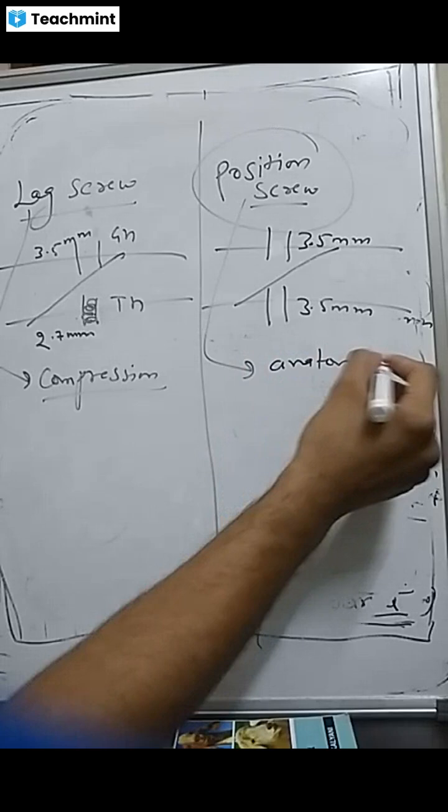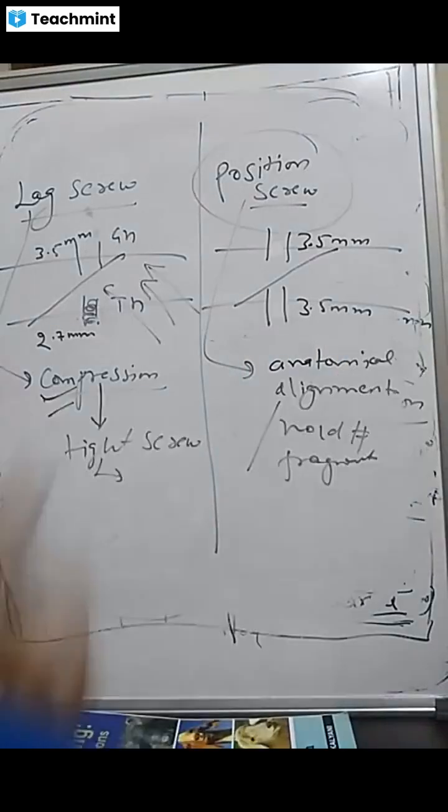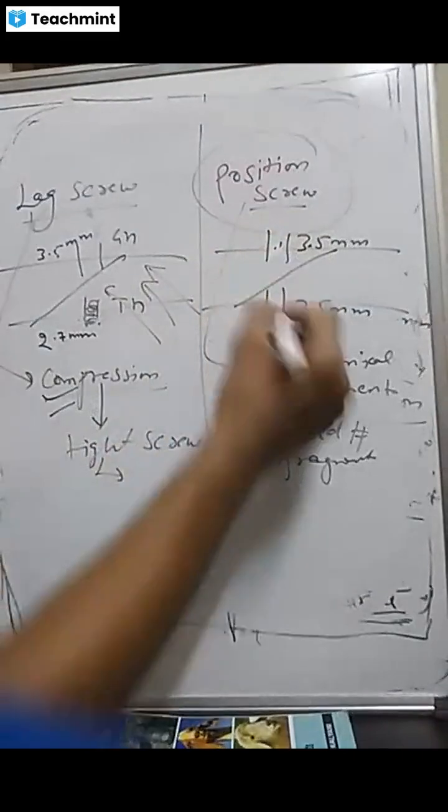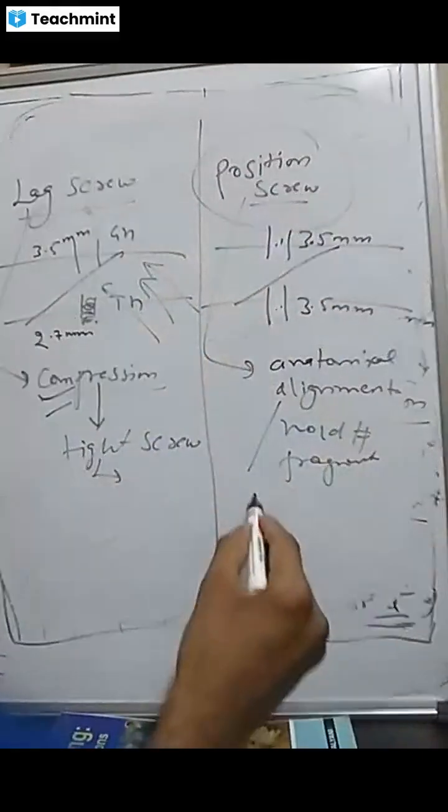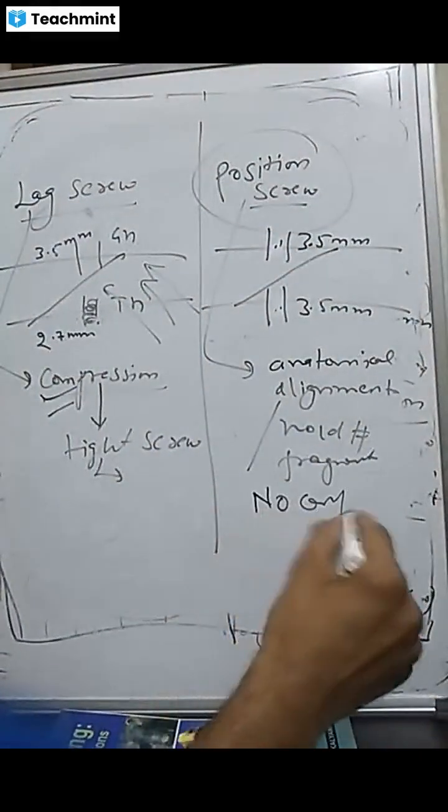When compression will occur. The screw is tightened and the fragments will be compressed. If you use equal size holes, no compression. There will be no compression. That will be called a position screw.